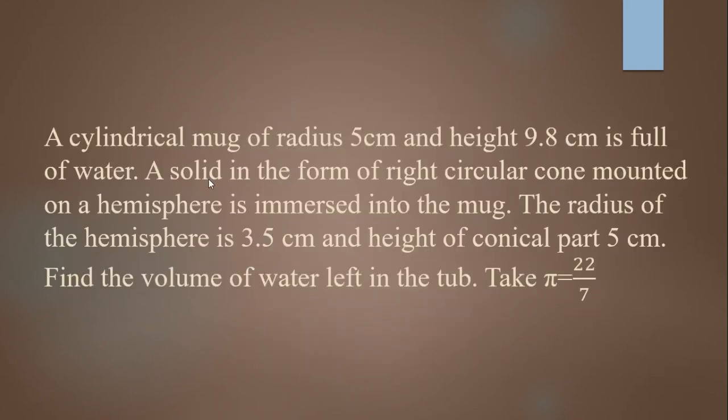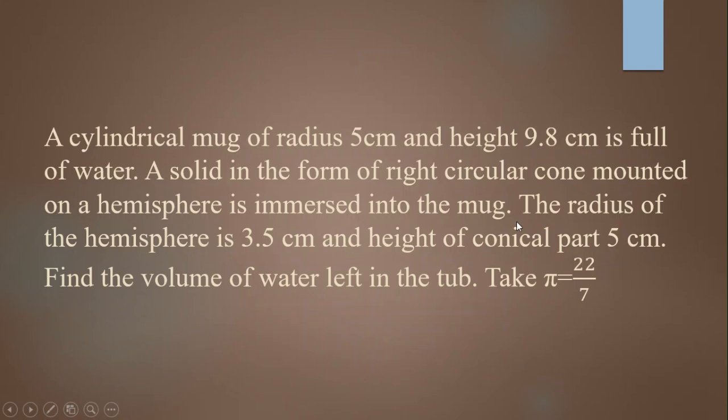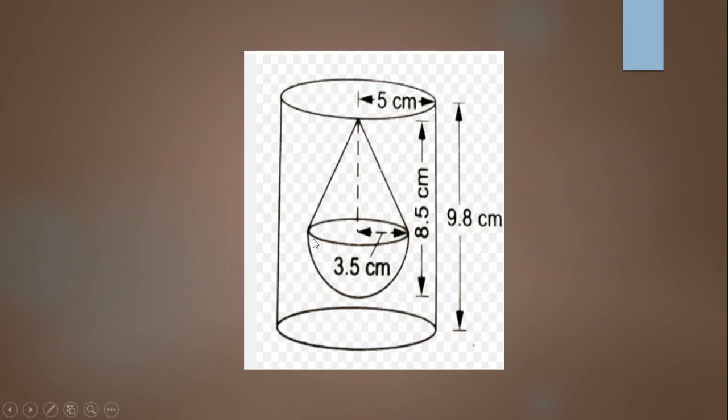Once again, let us see the problem. A cylindrical mug of radius 5 centimeters and height 9.8 centimeters. A solid is in the form of a right circular cone mounted on a hemisphere.